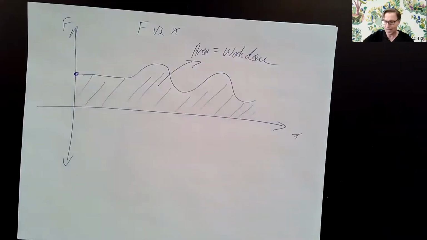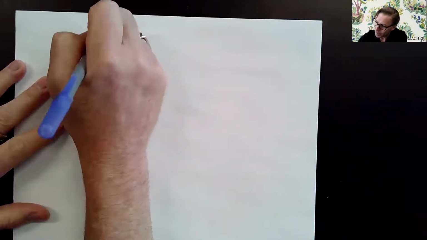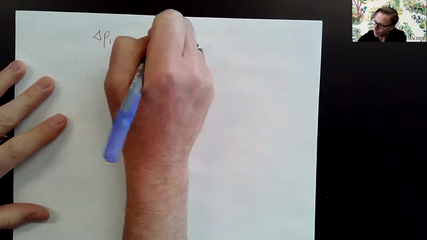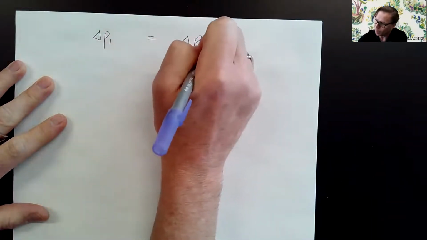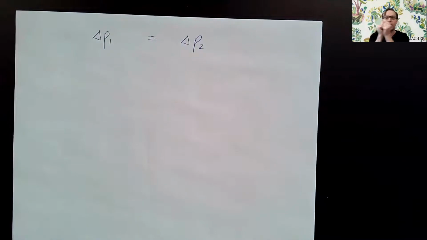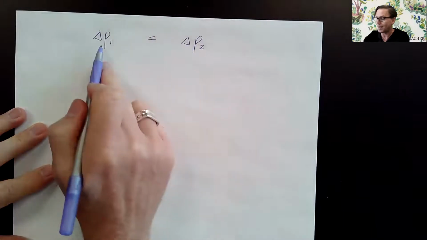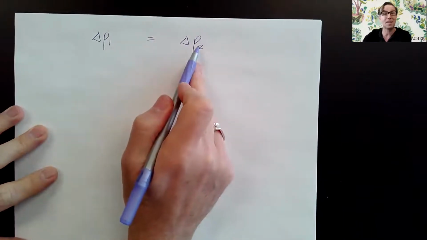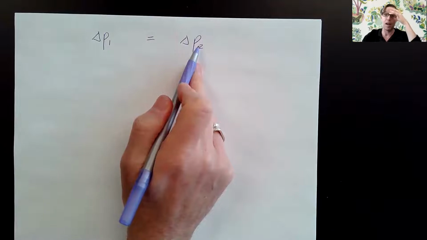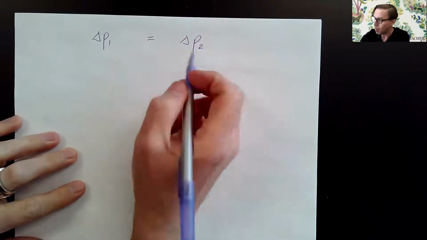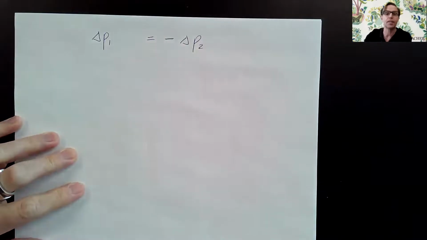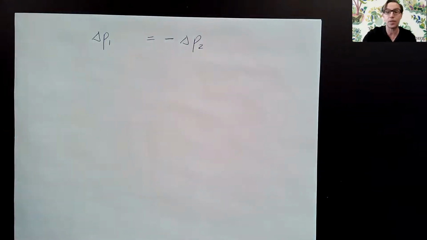So what I'm going to say is, if I've got two objects, delta P of object 1 and delta P of object 2, if I have two objects pushing on each other in a Newton's third law kind of way, the change in momentum of the two must be the same size, must be the same number of kilograms times meters per second, but must be opposite in sign.